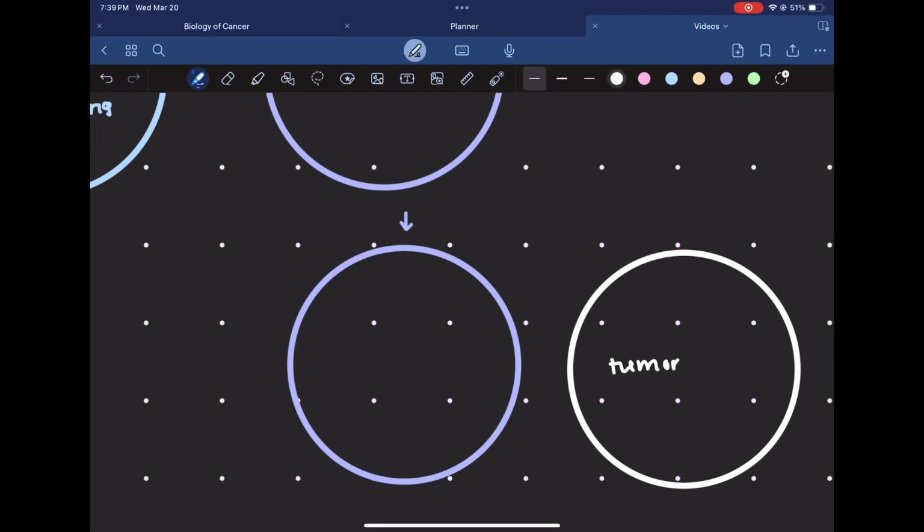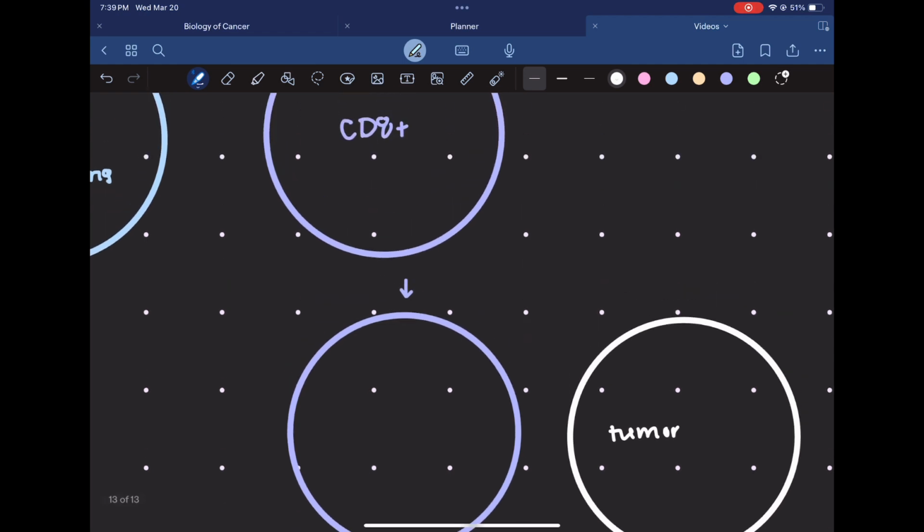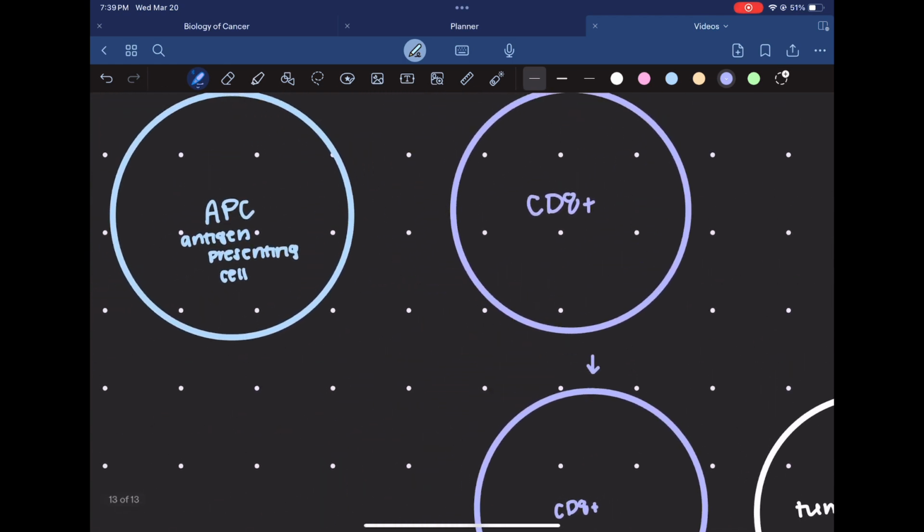It's going to give a description of our tumor cell to our CD8 plus and let it know what to look for as it's roaming throughout the body.